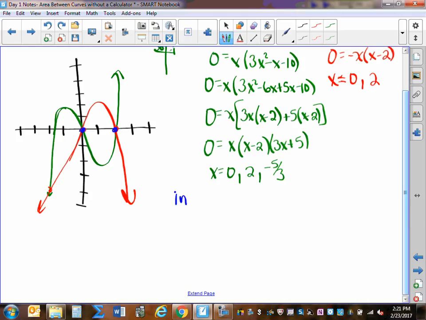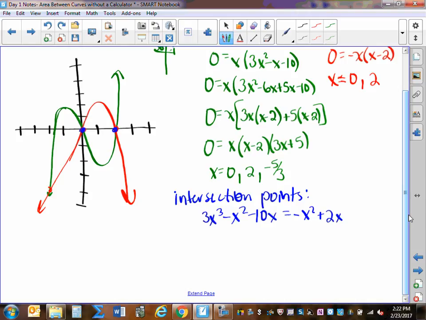So our intersection points. We have our f of x function, 3x cubed minus x squared minus 10x, should equal negative x squared plus 2x. And then go ahead and move, factor, and solve.